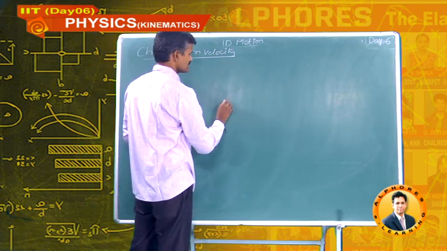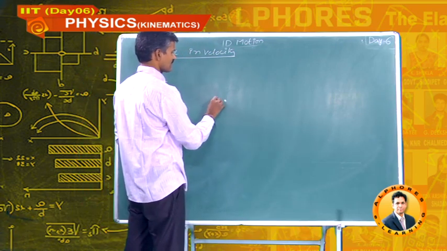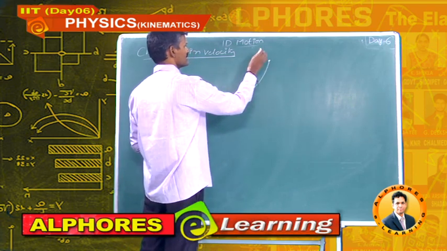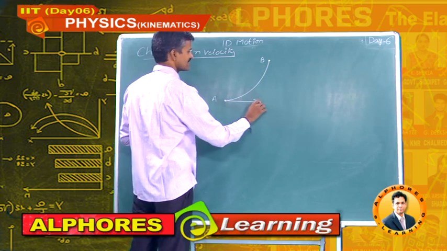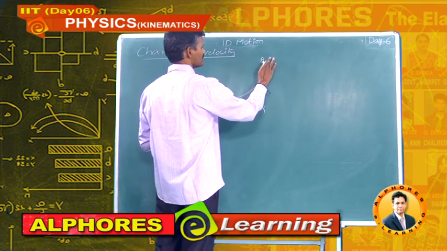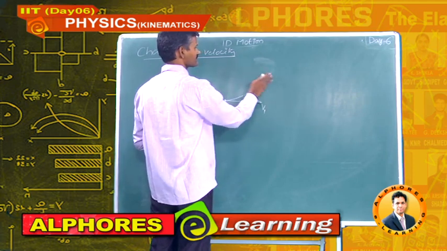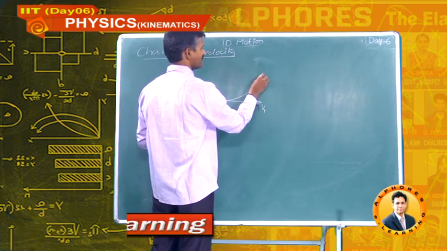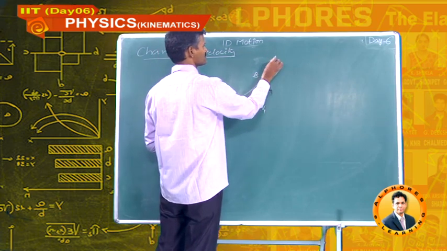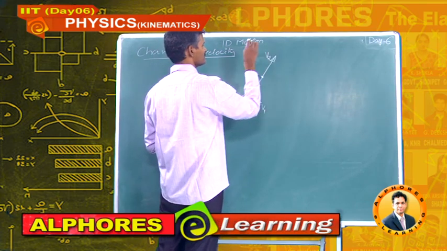Suppose a body starts from A, it travels from A to B. Here its velocity is in this direction, some v1. After traveling to some point B, its velocity here is in this direction, some v2.